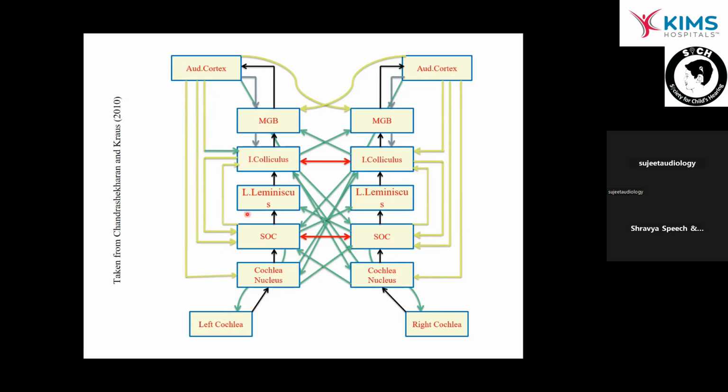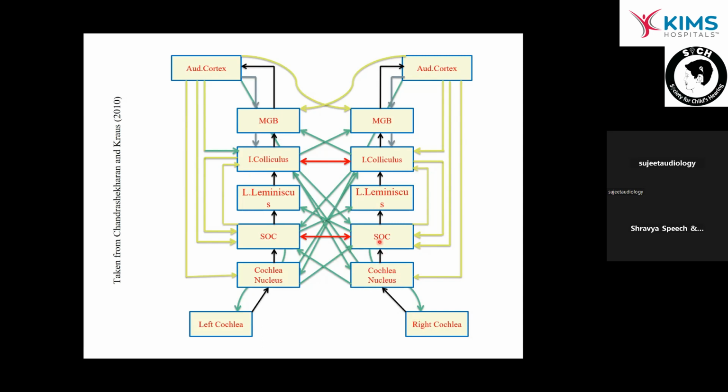So if you look at the entire central auditory nervous system, which starts from the cochlear nucleus to the auditory cortex, the entire pathway appears like this. You have afferent connections and efferent connections. You can see the different connections in this diagram. So basically what I mean to say is that the entire auditory system is very complex. The only good thing about the central auditory nervous system is that you have designated nuclei: the signal from the cochlea will go to the cochlear nucleus only.